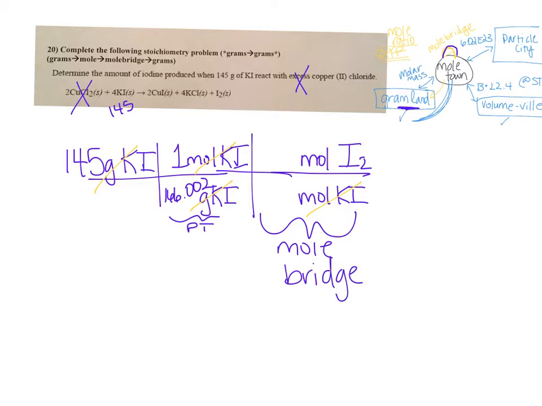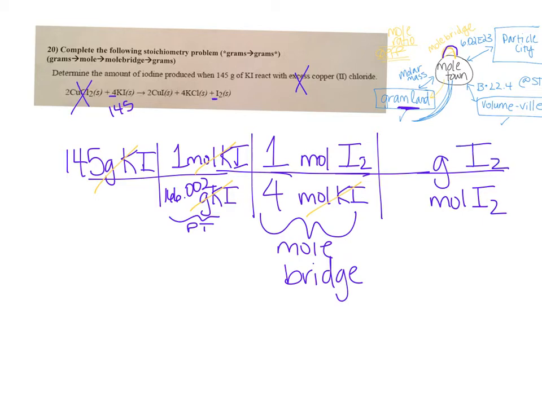So looking for our coefficients, we have a 4 here and we have a 1 here. So it's a 4-to-1 ratio. And I'm going to continue on because they want to know the amount produced. So let's go ahead and just take it to grams. You could stop there if they wanted moles. But I'm going to take this down. I'm going to say moles of iodine into grams of iodine.